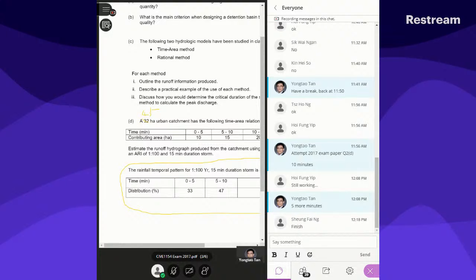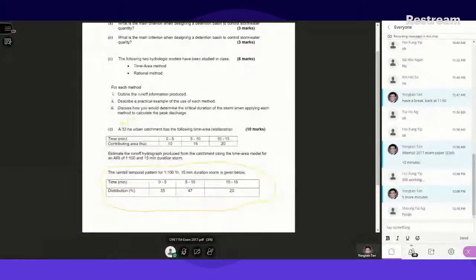Actually, in these questions the difficult part is the intensity. The rainfall hydrograph is not given. We only know the ARI is 100 years, and the duration of the storm is 50 minutes, and also the distribution of the rainfall is given from 0 to 5, 5 to 10, and 10 to 15 minutes.